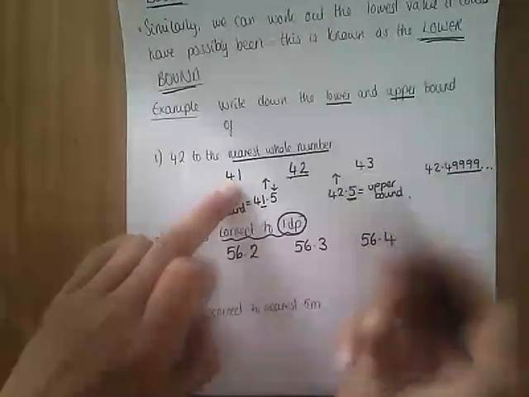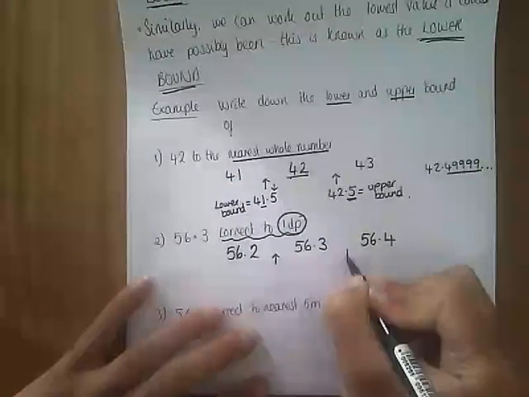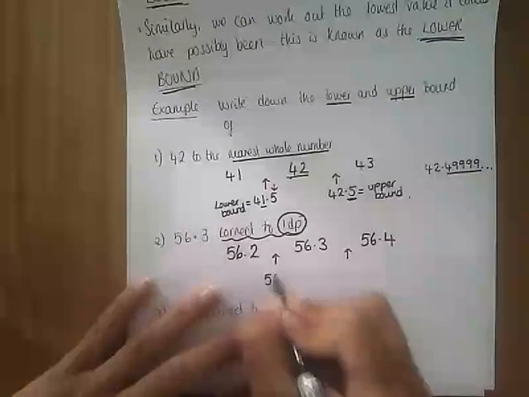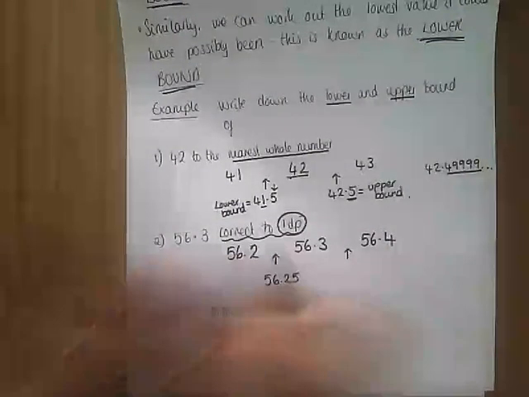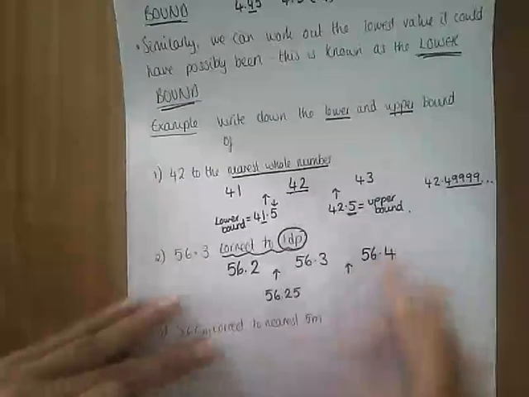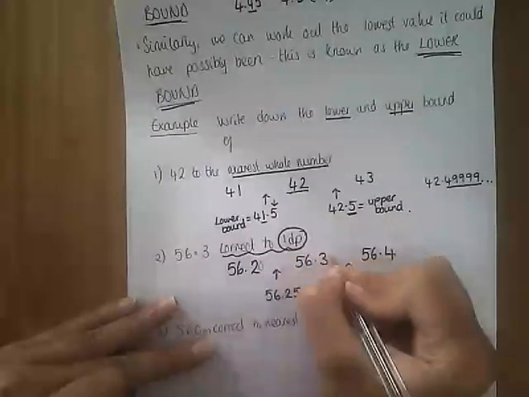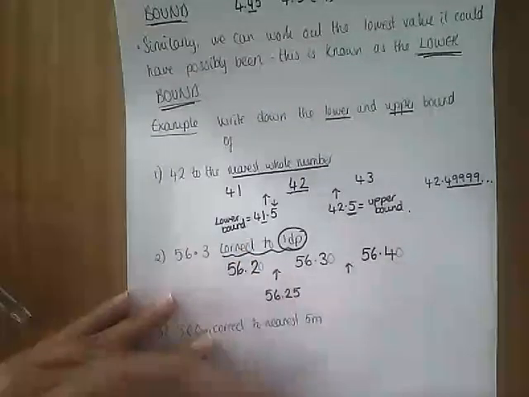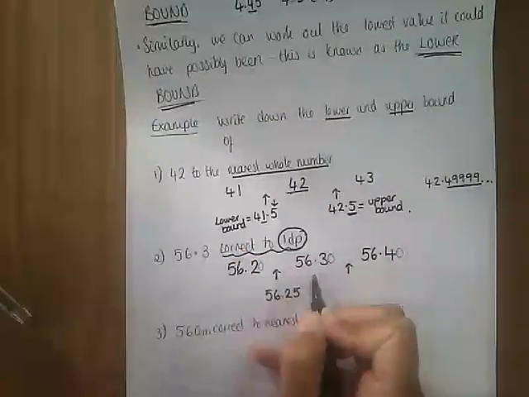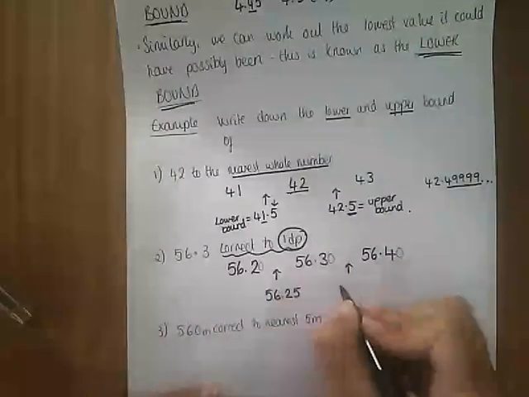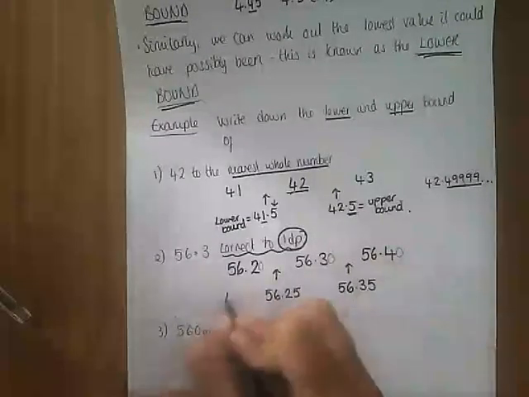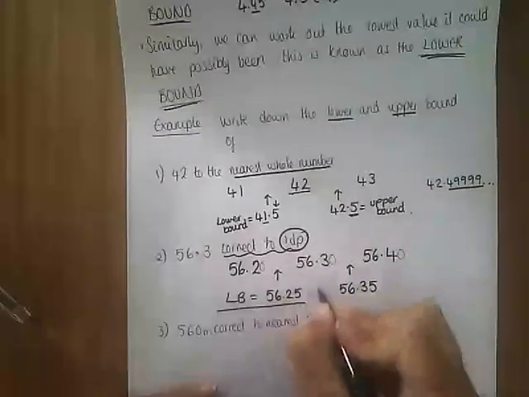We then choose halfway between. Halfway between 56.2 and 56.3 is 56.25. If you're struggling to see that, think of this as 56.20 and 56.30, and this as 56.40. Halfway between 20 and 30, of course, is 25. Similarly here, it'll be 56.35. So this is your lower bound, this is your upper bound.